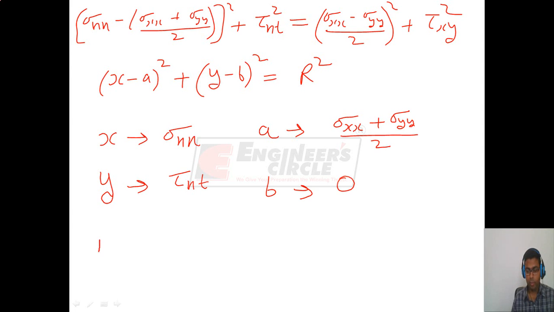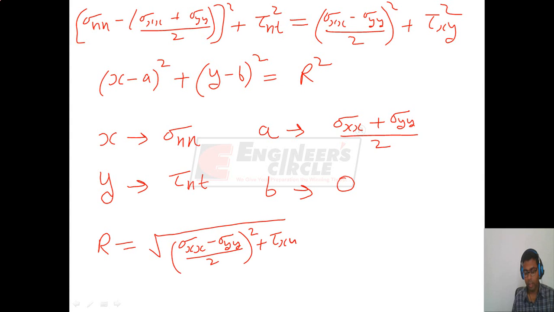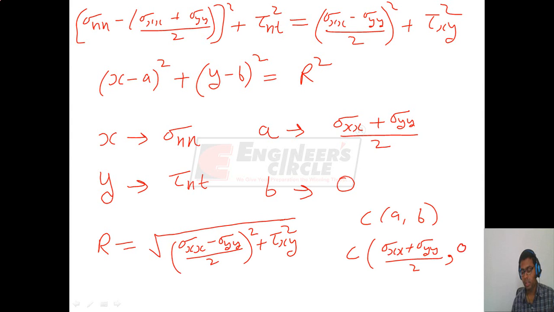The radius of Mohr's circle r is equal to the square root of sigma xx minus sigma yy by 2 whole square plus tau xy square, and the center of Mohr's circle is given by a comma b. Therefore, we get the center as sigma xx plus sigma yy by 2 comma 0.